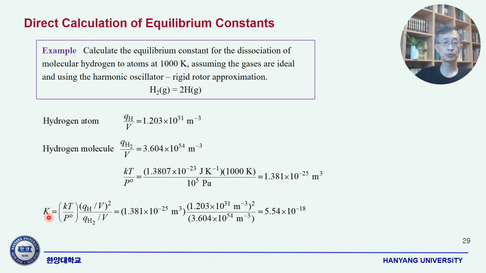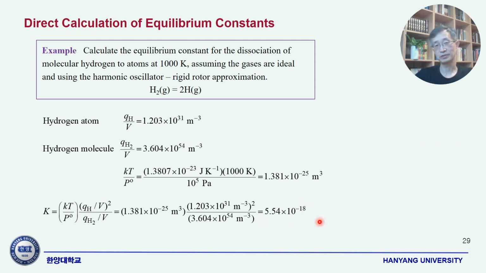So what we can do is K is now, because of this relationship, the partition function of hydrogen atom squared over that of the hydrogen molecule, and this is 2 minus 1, so 1 is here. So the stoichiometric coefficient is 2 minus 1. It's there. So what we get is that square over that, which is 5.54 times 10 to the minus 18.